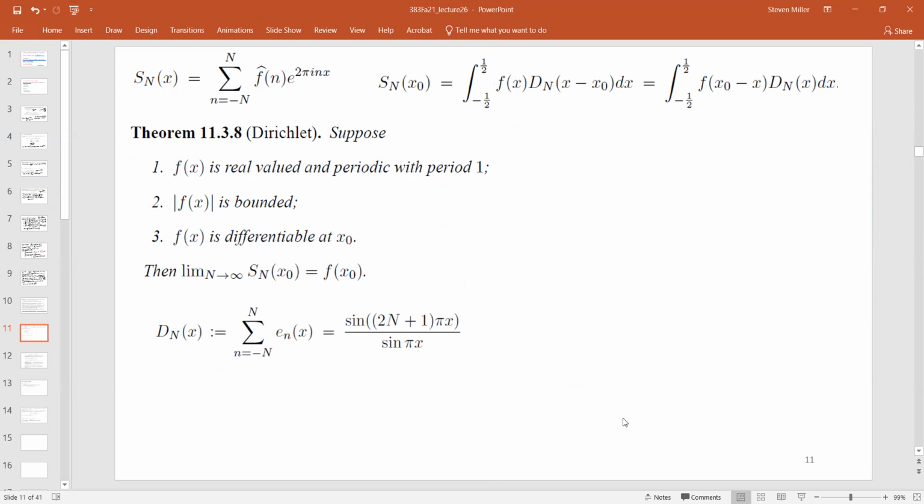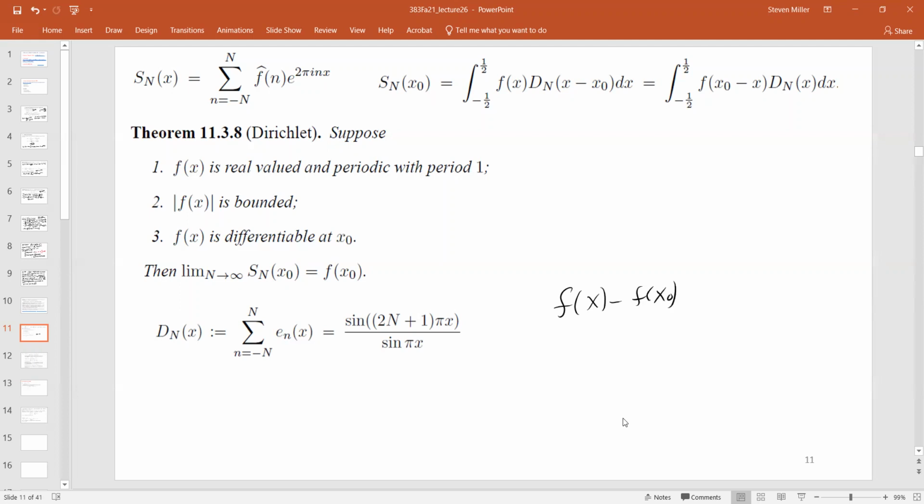So if I look at this convolution going on, we're doing x minus x naught, right? f of x minus f of x naught.